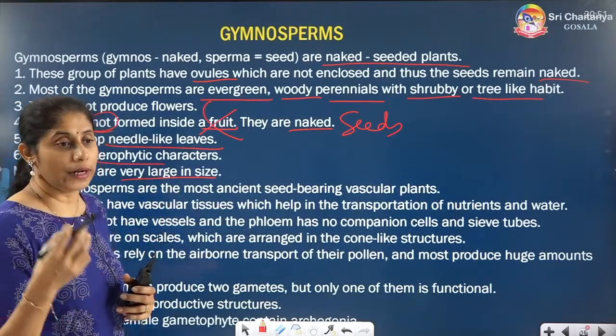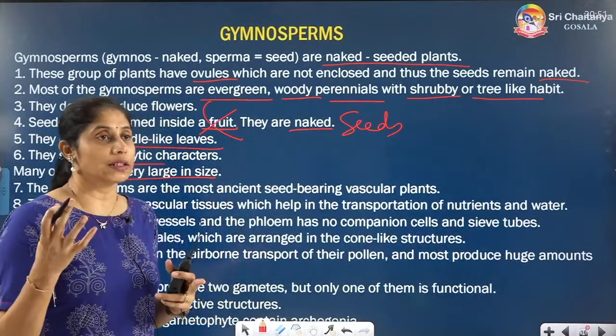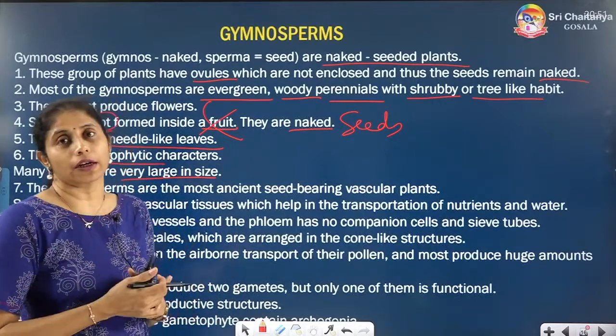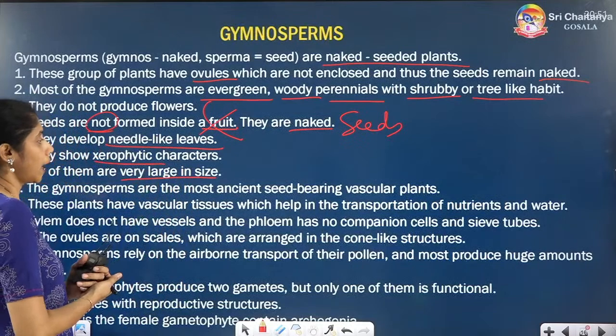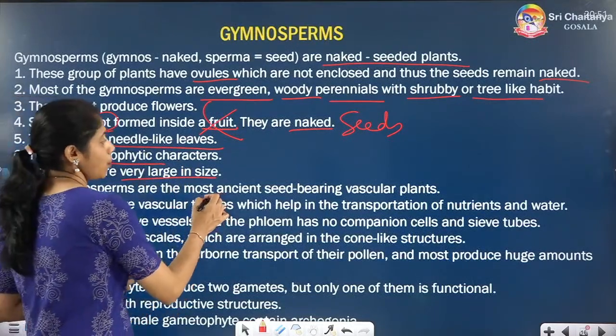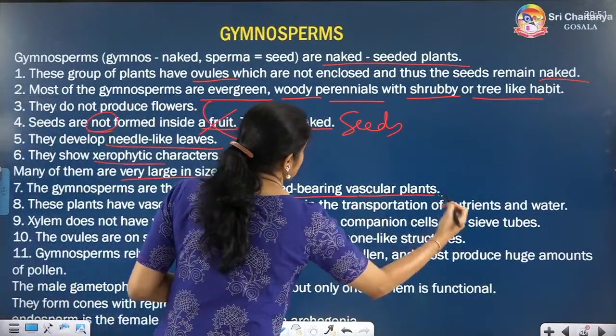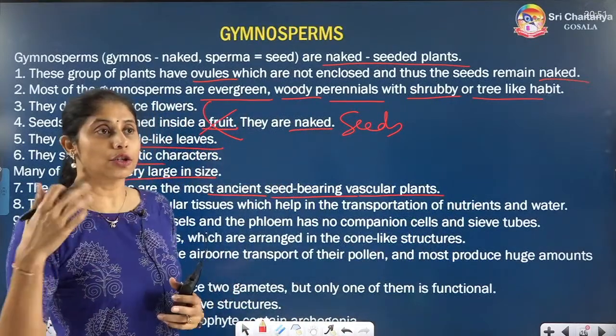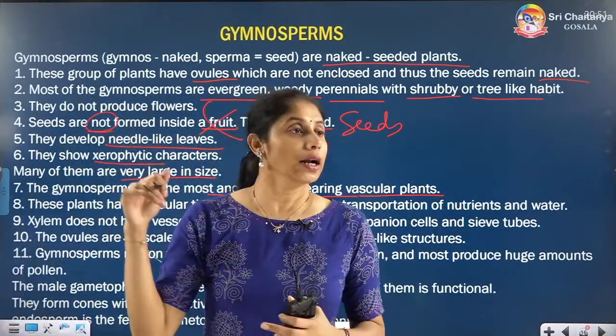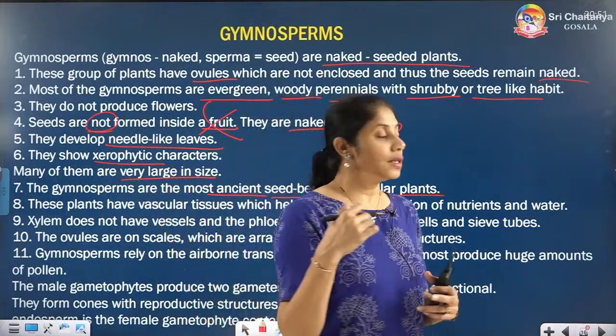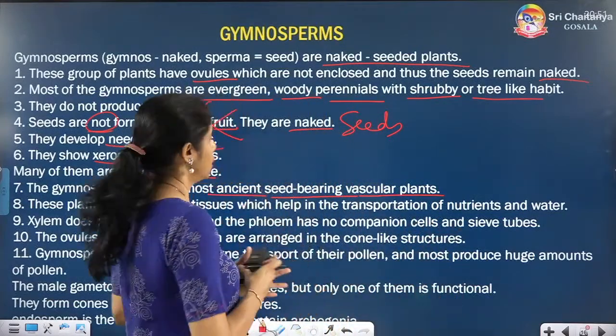Xerophytic characters means the characters shown by desert, dry condition plants; that type of characters will be shown by these plants. And then these are the most ancient seed bearing vascular plants. Vascular tissues developed in the Pteridophytes only, they continued here, but these are the most ancient seed bearing plants.